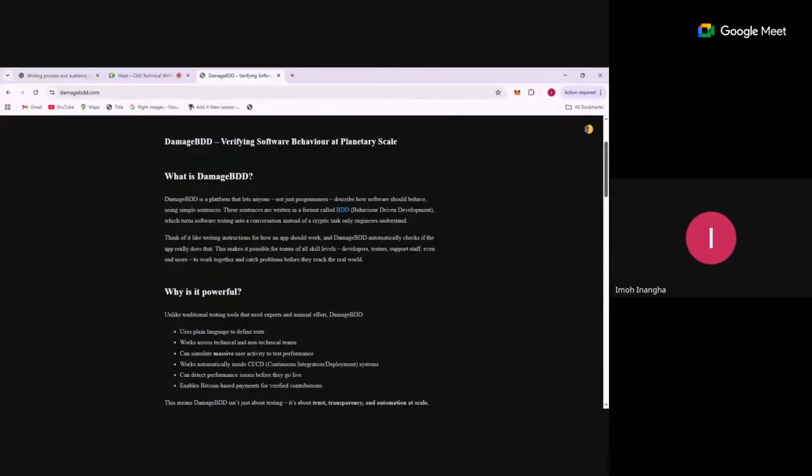Think of it like writing instructions for how an app should work. And Damage BDD automatically checks if the app really does that. This makes it possible for teams of all skill levels, developers, testers, support staff, even end users to work together and catch problems before they reach the real world.